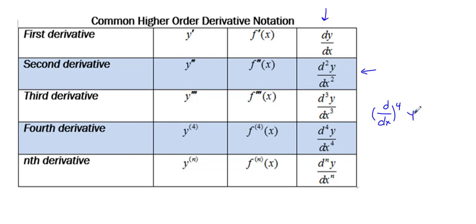The fourth derivative of y would be like taking d dx of d dx of d dx of d dx of y. Okay, loosely we can say it that way. I'll be okay with that. So that's why the 4 is here and not after the y.